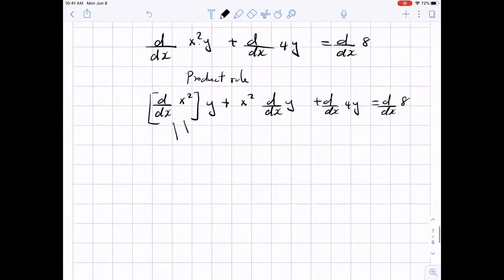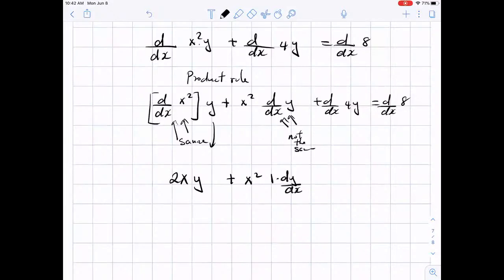So the variables here are the same. So this becomes 2x. And don't forget, we keep our y. Then x squared stays. The variables here are not the same. So we end up with y, the derivative of y is just 1 times dy/dx.